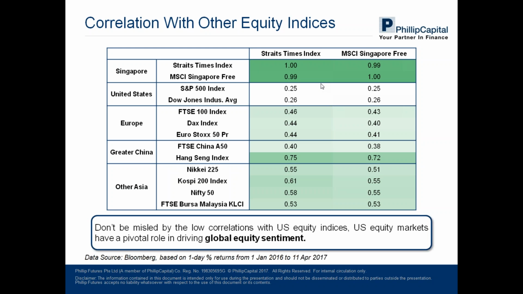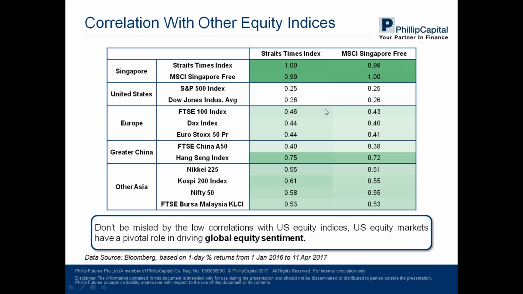So do not be misled by these low correlations because these returns are for the same trading day. Whereas what I said earlier is, night movements in the US markets tend to drive morning movements in the Singapore markets, which may be why there's a lagged indicator here. There's a lagging involved in terms of the correlations, which is not factored into this table.